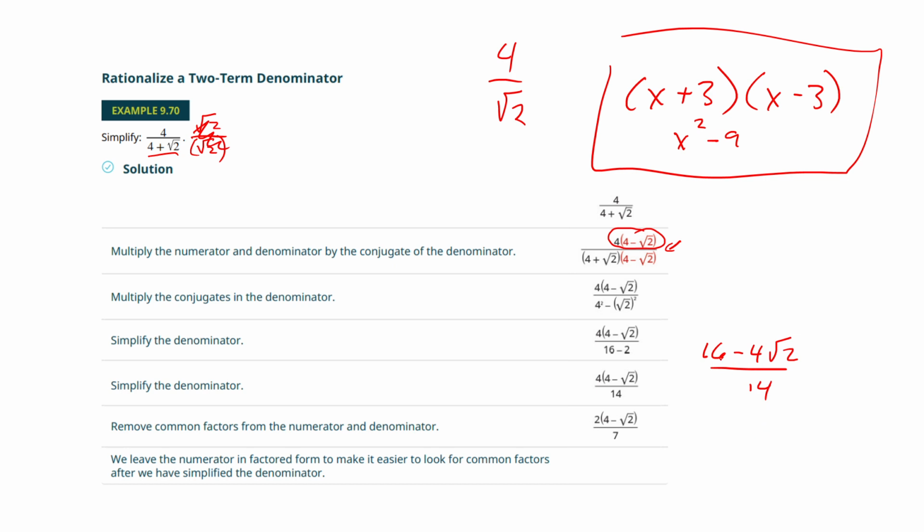Now what they're doing is, we saw that we can pull a GCF out of both of these. So here's what they're doing to simplify it. They're pulling a 2 out of there, and they get 8 minus 2 square root of 2. And on the bottom, 14 is 2 times 7. So they're factoring it in order to get rid of the common factor. What have I done here? I've missed something, or they don't agree with me.